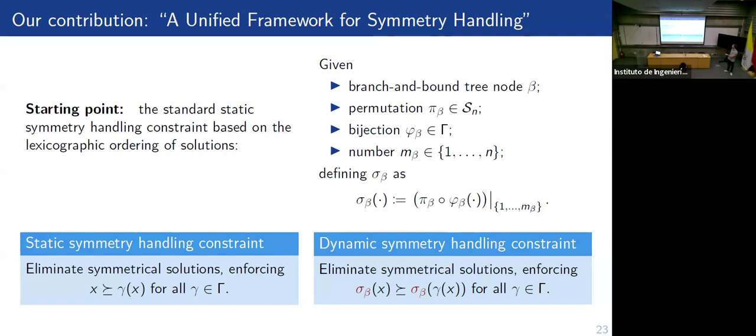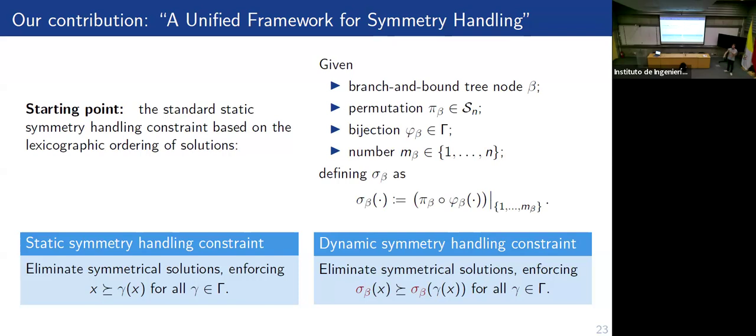So how do we choose the map sigma beta? Basically, we use sigma beta as shorthand notation for this expression here. We take our solution vector x and apply phi beta to it, which is a bijection. So we morph our solution vector by applying a symmetry.